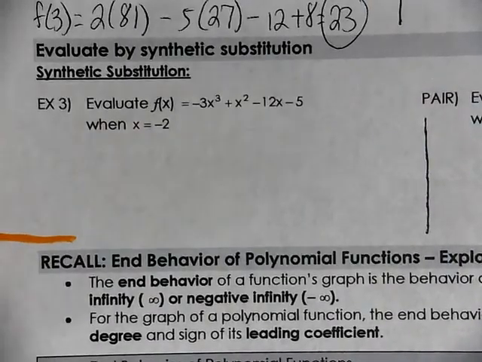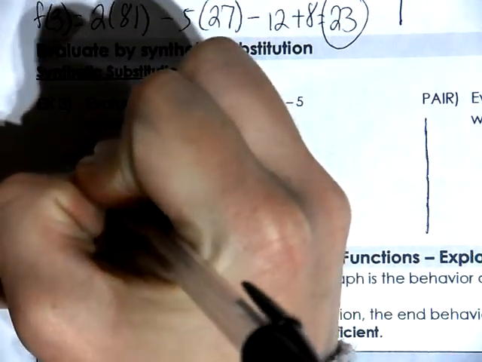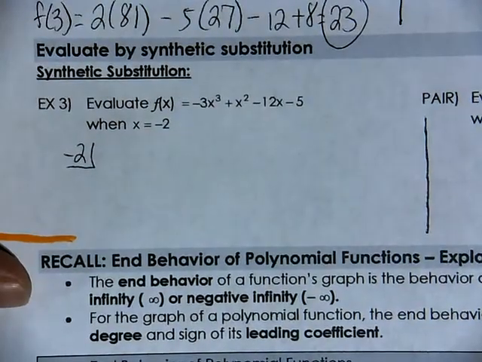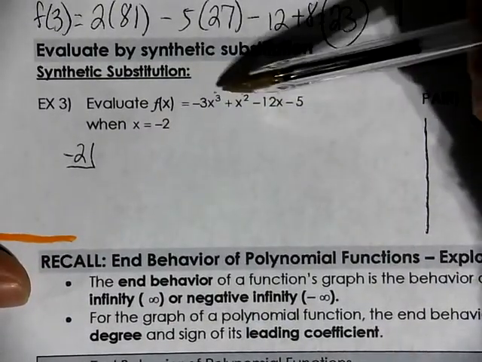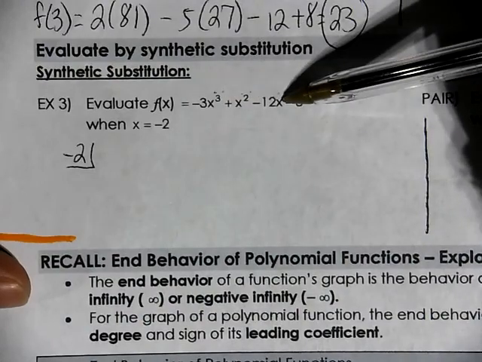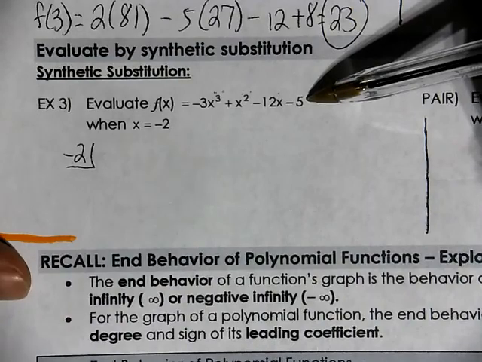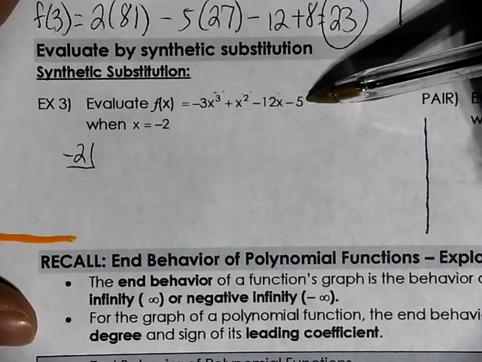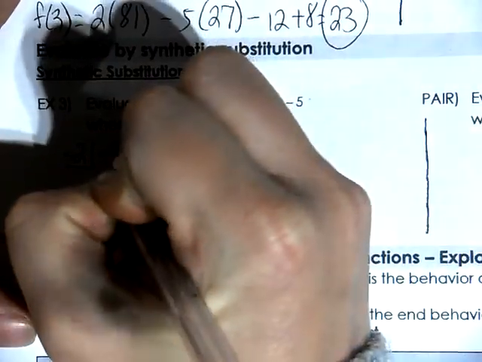Synthetic substitution. The first thing I'm going to do is put -2 inside of a box. And I'm going to write down, making sure that every degree is represented, 3, 2, 1, 0. Every degree is represented. I'm going to write down just the coefficients of these values. So the first coefficient is -3.